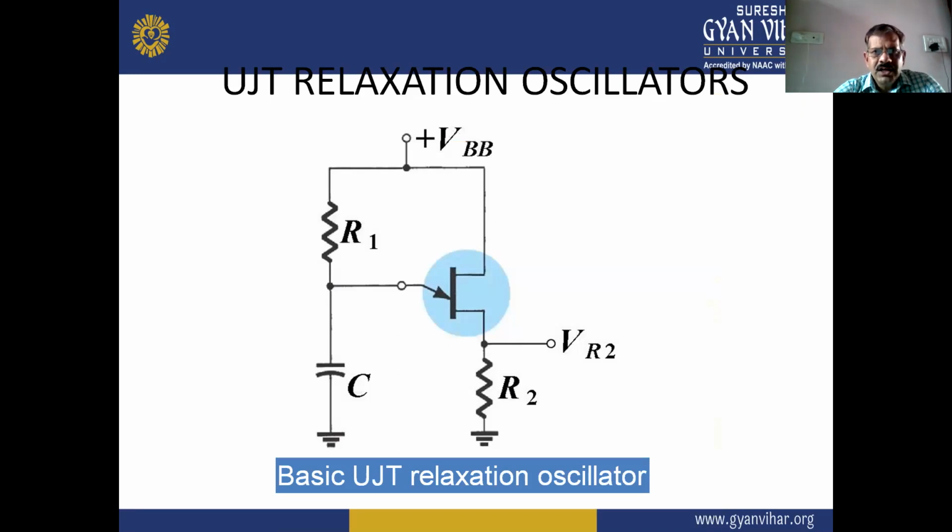Now the basic UJT relaxation oscillator. So this circuit diagram shows the UJT relaxation oscillator circuit by use of a UJT transistor.